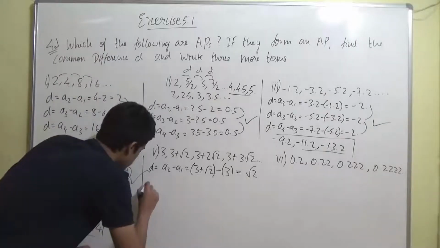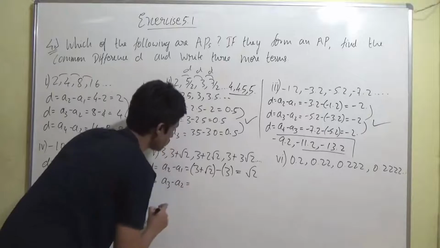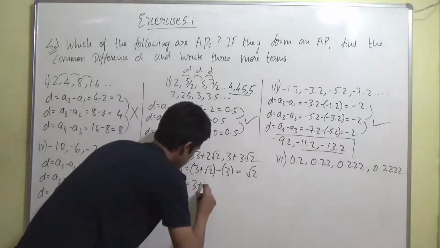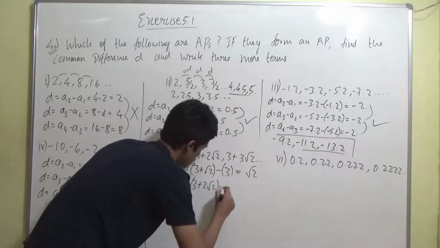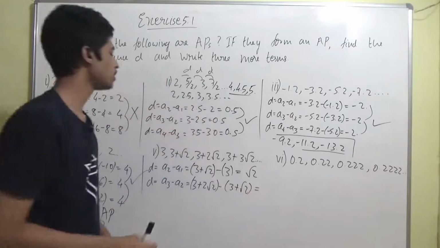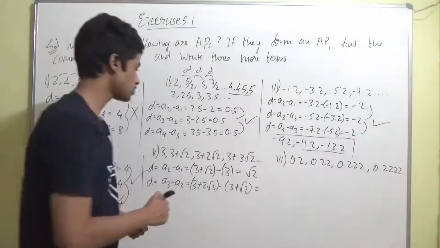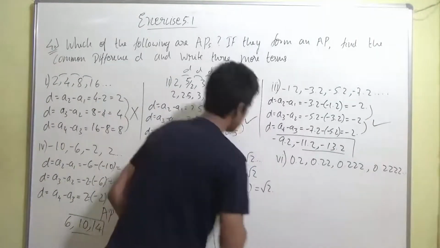Now let's go to D equal to a3 minus a2, which will be equal to 3 plus 2 root 2 minus 3 plus root 2. Again this will come out to equal to 3 will get cancelled. 2 root 2 minus root 2 is going to give you root 2, right?